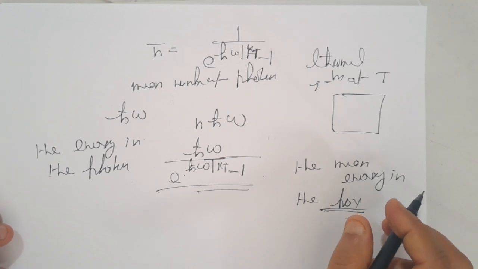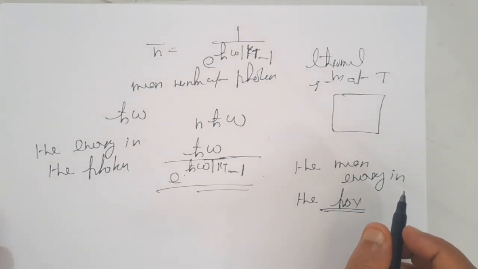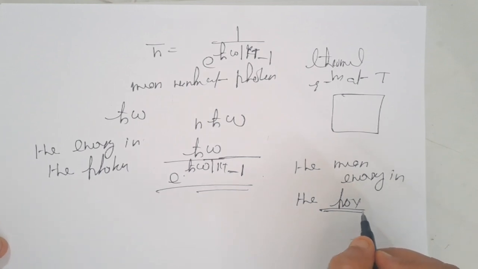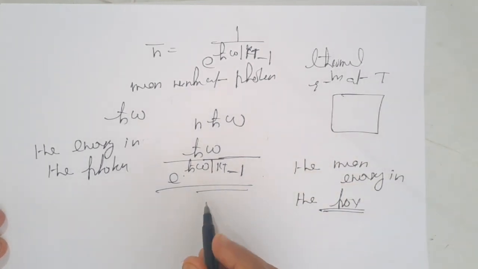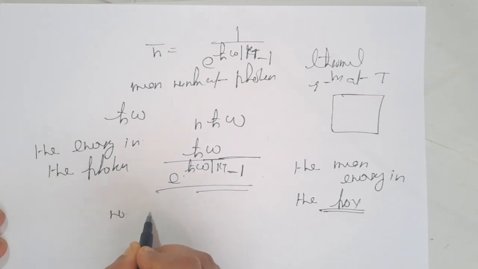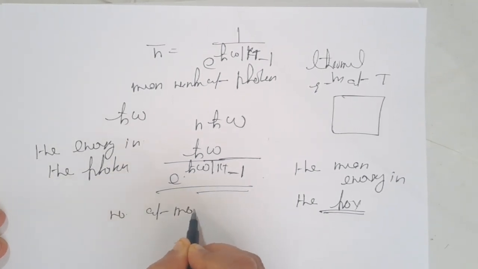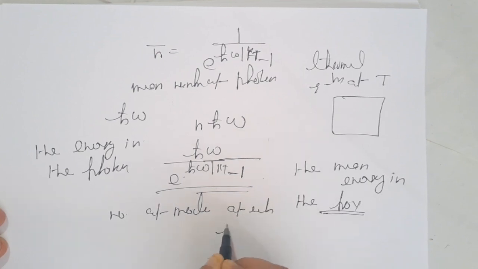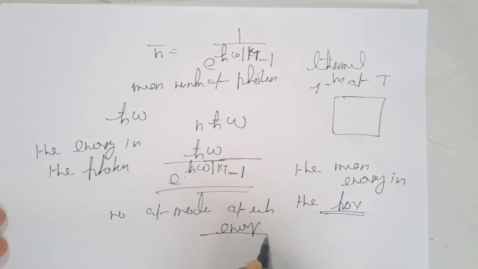Now, to find the black body radiation law, we need to know about the number of modes at each energy.